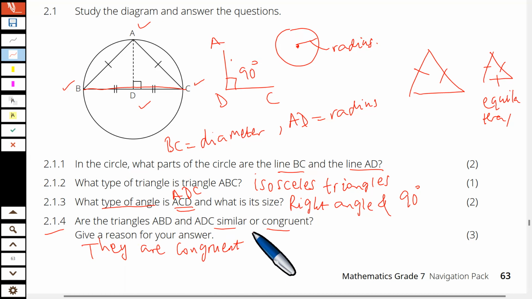In the right angle triangle ABC, the reason is that AB is equal to AC. Okay, they'll be marked equal to each other.